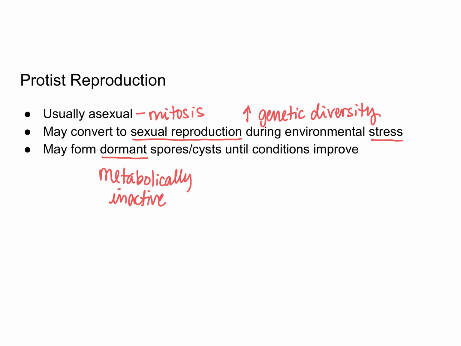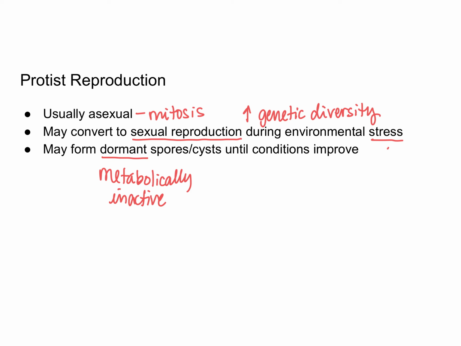And they can form these spores or these cysts that essentially can hang out and stay alive, but not actually growing or reproducing or feeding until the conditions improve. So it's kind of like hibernation, but for single-celled organisms.